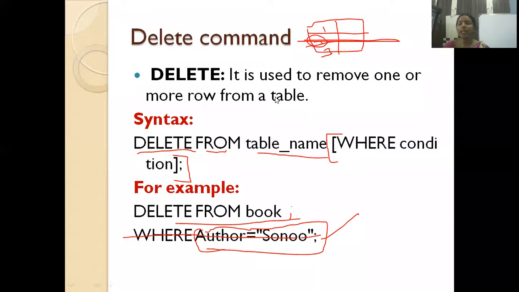I want to delete the Sonu author from the book table simply. If you say delete from book, all the authors will be deleted. If I say where author is equal to Sonu, Sonu author books will be deleted from our table. Clear? Is the delete command clear?